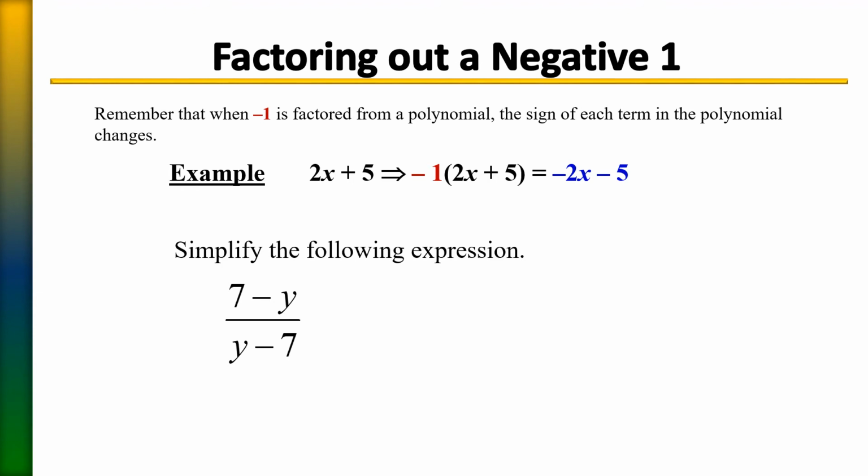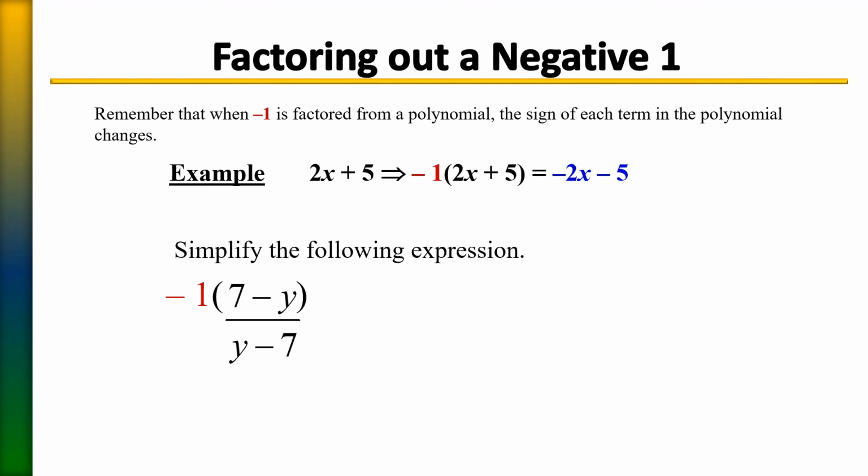Since the top is not written in what I call the traditional order, let's use the top to apply the negative 1 effect to it. So we're going to multiply the top by negative 1. When we do so, on top, that positive 7 is going to become negative 7.